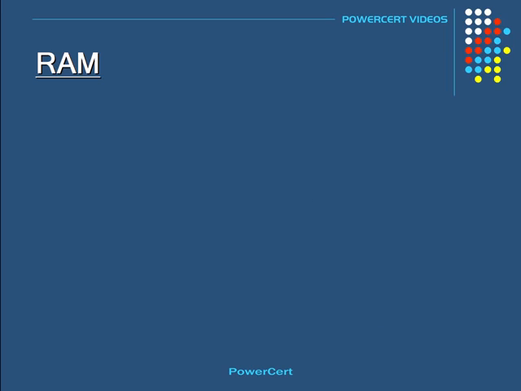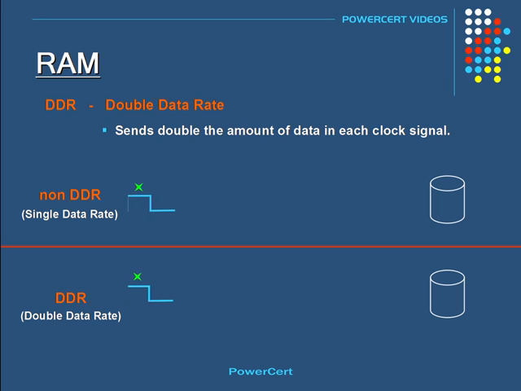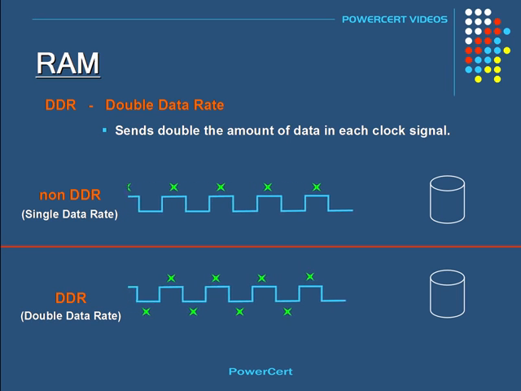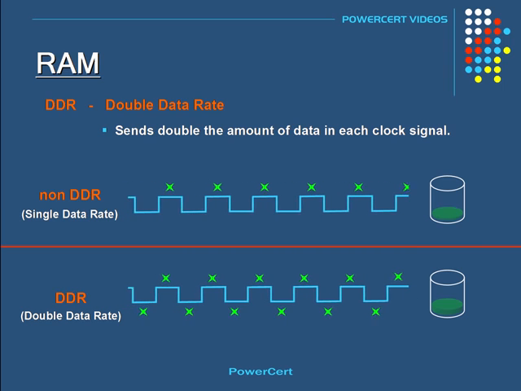As technology increased and processor and bus speeds have gotten faster, a new RAM technology was developed to keep up with the faster speeds of computers. This newer technology was called DDR, which stands for Double Data Rate. And that's basically what DDR does. It sends double the amount of data in each clock cycle compared to non-DDR.